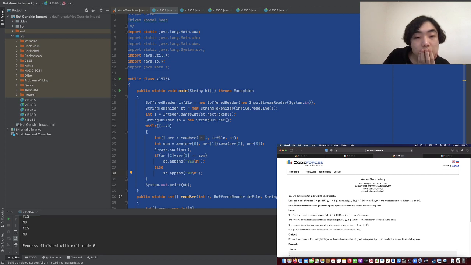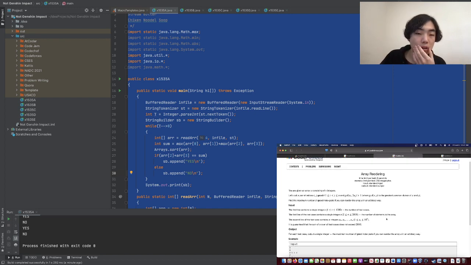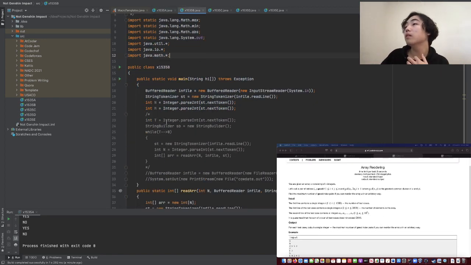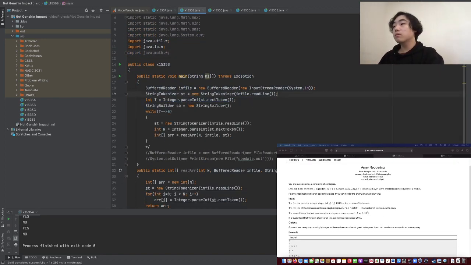Let's call a pair of indices i and j good if the GCD of this is strictly greater than 1. I believe you just sort them by even then odd, right? Yeah, I think that works.